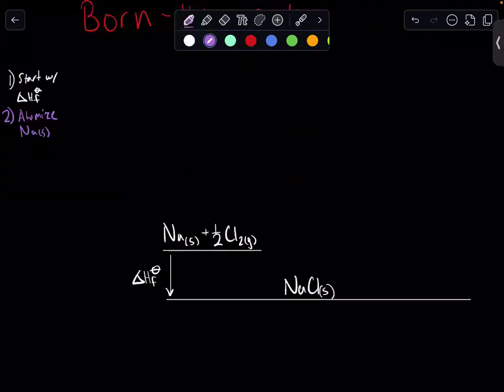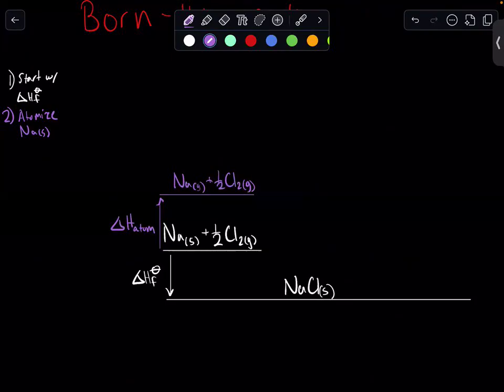So when we atomize our solid sodium, we get the same reaction, but now it's Na gas plus 1/2 Cl2 gas. This is our delta H atomization. This is a positive value, so I'm using an up arrow.